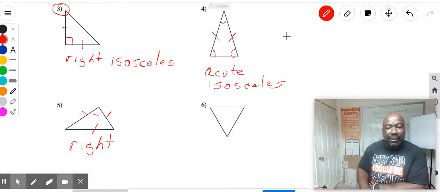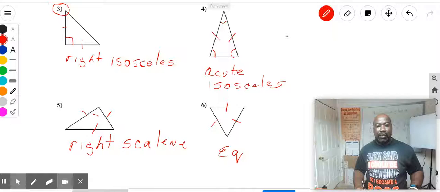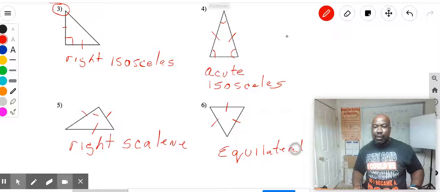So it's a right scalene. Scalene is when all the sides are not equal. Now this right here looks like it's not drawn to scale, but this is what you call an equilateral triangle. And this is an A right here.